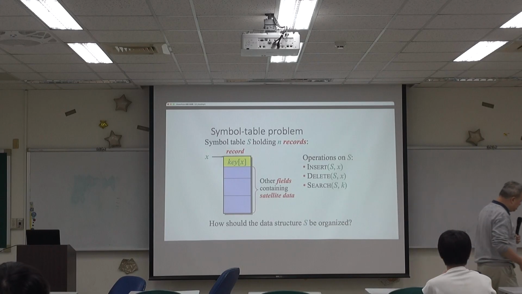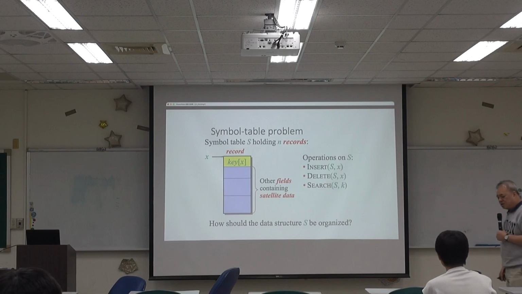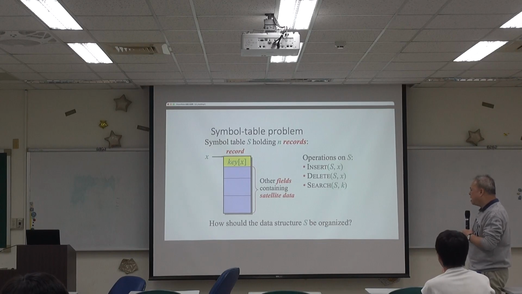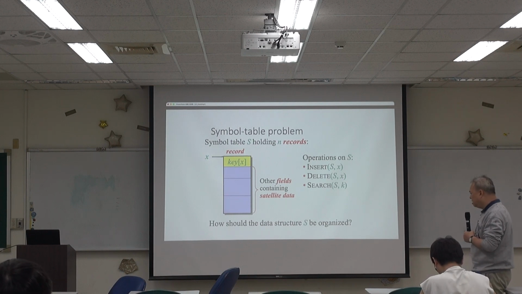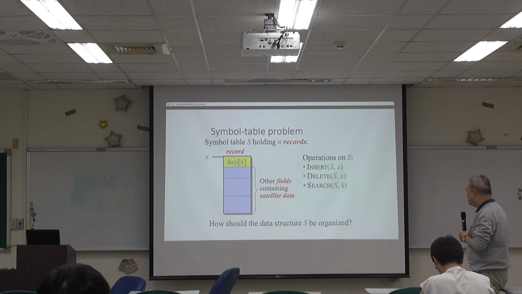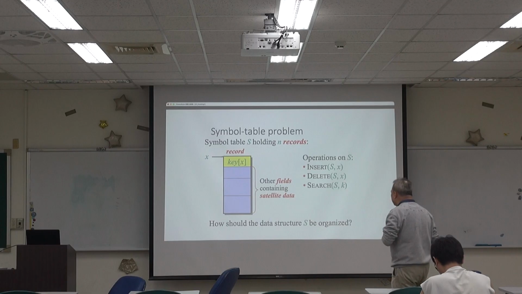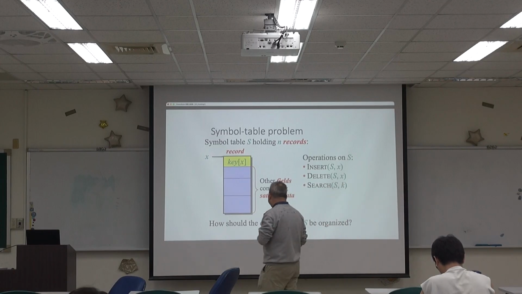For example, I keep using this example: in the payroll system, your ID could be your key. But obviously, if it's payroll, it also contains other information such as your name, your occupation, your pay grade, all those things associated with your record. We call that satellite data.